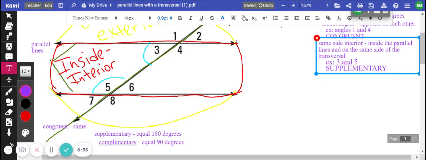Supplementary means that they equal 180 degrees. Congruent means that they equal the same thing. So now we have the vertical angles 1 and 4. They are congruent. And then we have 5 and 3, and that means that they are supplementary.